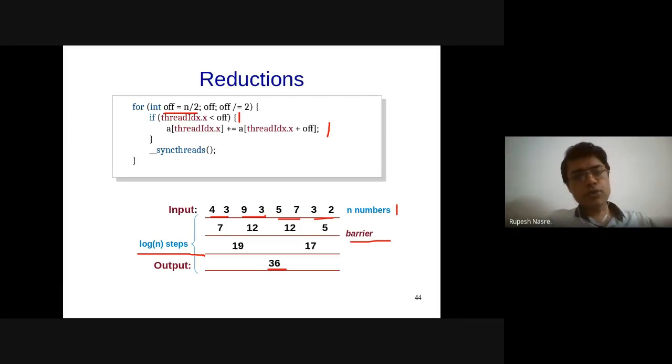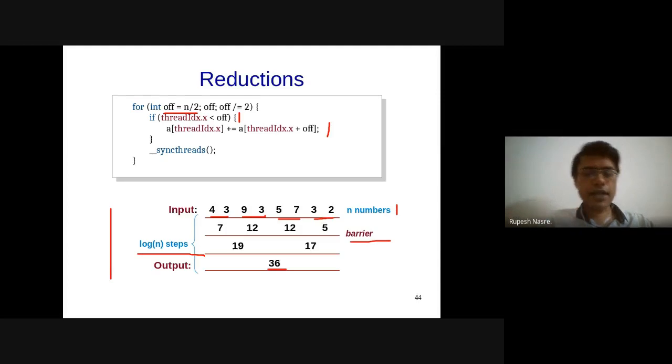So definitely the code that we saw was not exactly what we represented using this visual processing, right? In the visual processing, we were looking at a of i and a of i plus 1, that is a of threadIdx.x and a of threadIdx.x plus 1, right? So we implemented it slightly differently.